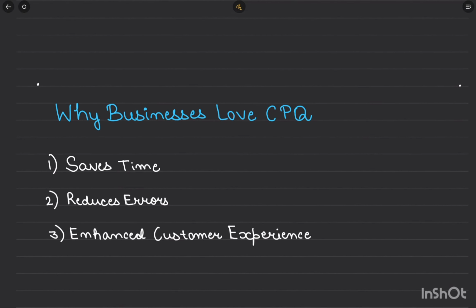Why businesses love CPQ so much is, first of all, it saves time, because quotes are generated in seconds by just the click of a button. We would see everything in detail. I just want you to understand the basic gist of the thing before starting, right? It reduces errors because automatic calculations are there, so there is less chance of mistakes.